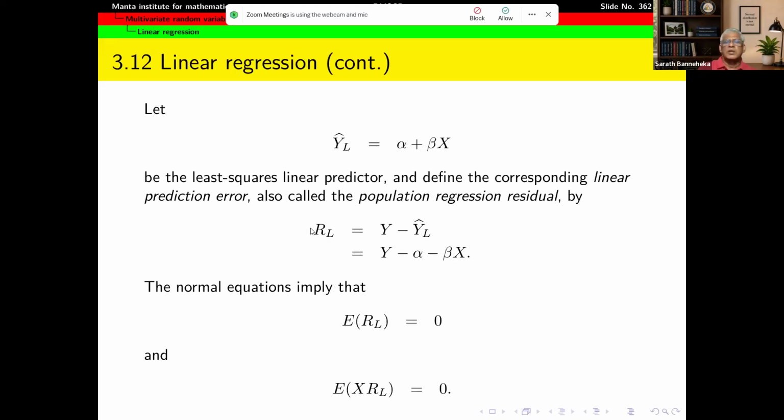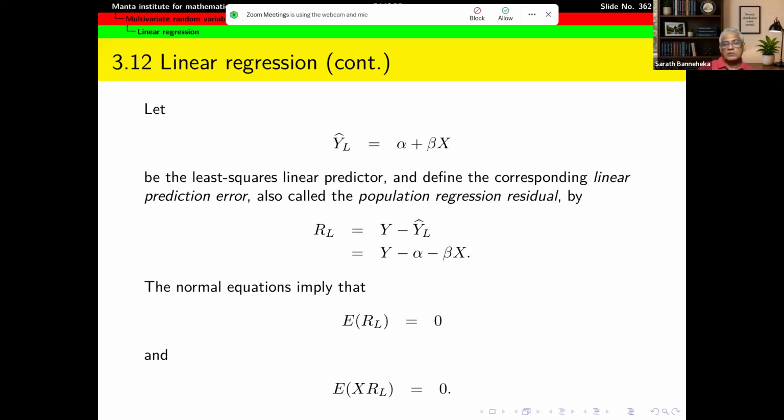So that's also a random variable, also called the residual. Population regression residual, I have denoted it by R. Some people denote it by epsilon and call it error, but I like to call it residual: y minus y hat L, which is equal to y minus alpha minus beta x.